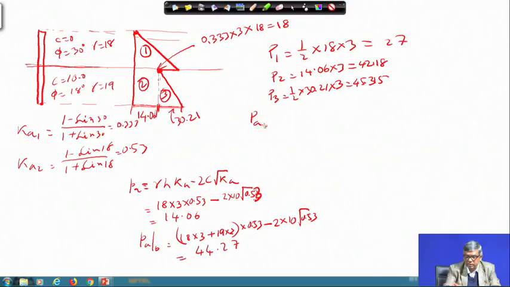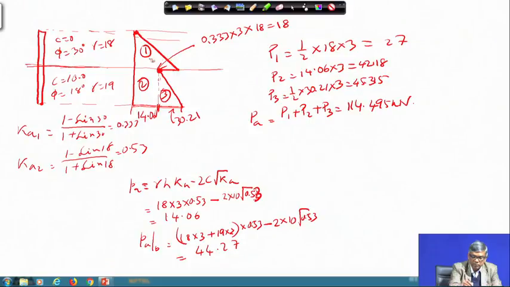So, P A will be equal to altogether P 1 plus P 2 plus P 3. So, that gives you 114.495 kilonewton.